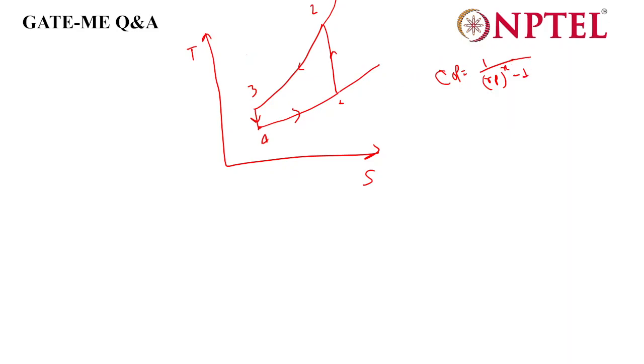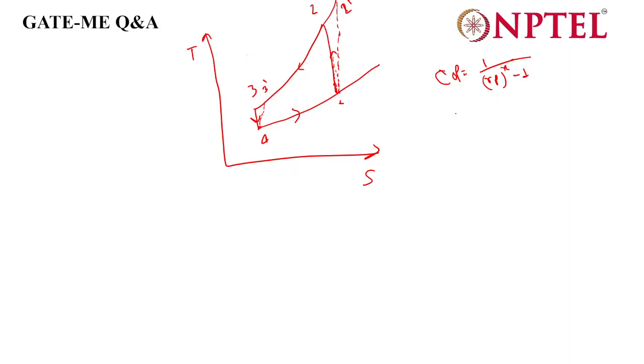Now, what will happen? Some compressor efficiency would be given to you, so it will go this way. Let's suppose this is 2 dash, and here the turbine expansion will go this way, 3 dash. So now 2 dash and 3 dash you have to find.